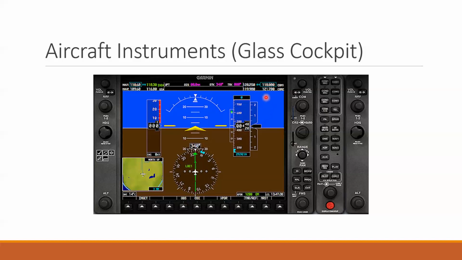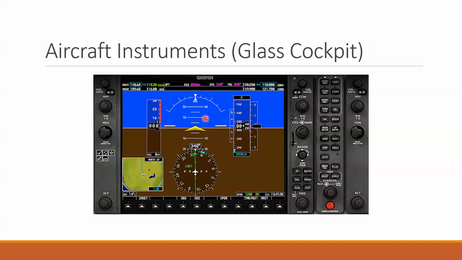This also includes your radio stack, so it shows you what frequencies you're tuned into up here and over here, your navigation, your comms. It also shows you some other map information. Sometimes it'll even have engine instrument information over here on the left. It also shows you your distance to wherever you're going, your track, some other information for navigation.